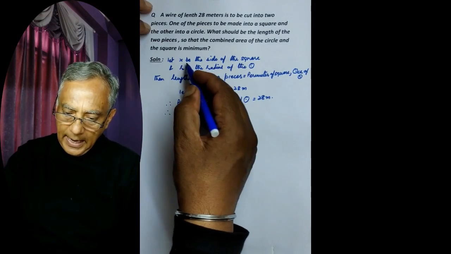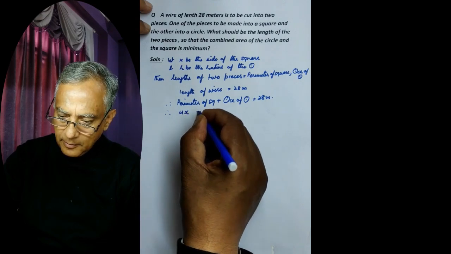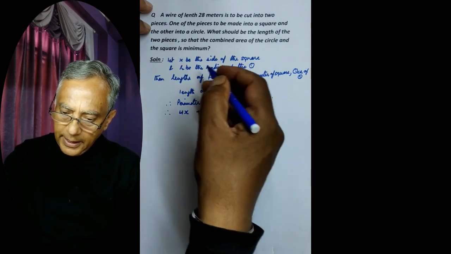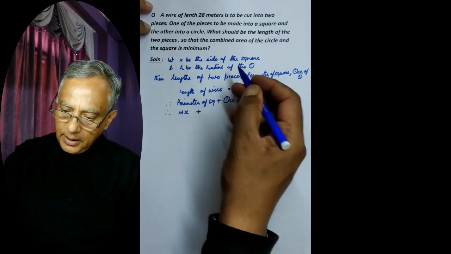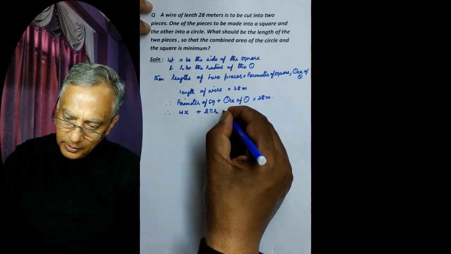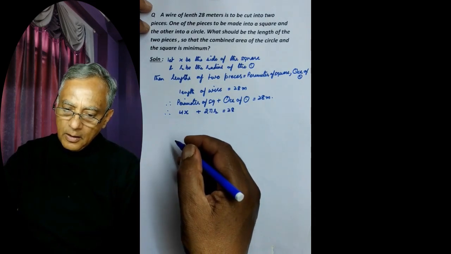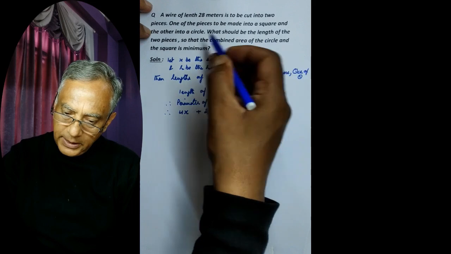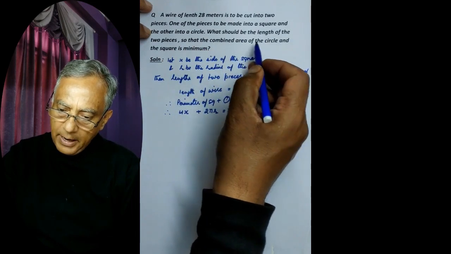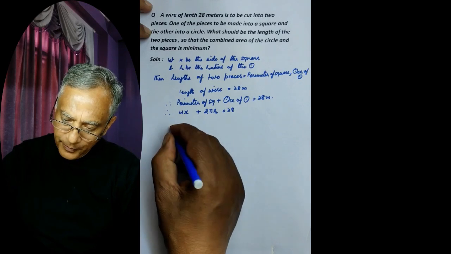Side of square is x. Therefore, perimeter of square is 4x. Radius of the circle is r. Therefore, circumference of circle will be 2 pi r. This must be equal to 28 meters. Now, what should be the length of the two pieces so that the combined area of the circle and the square is minimum?